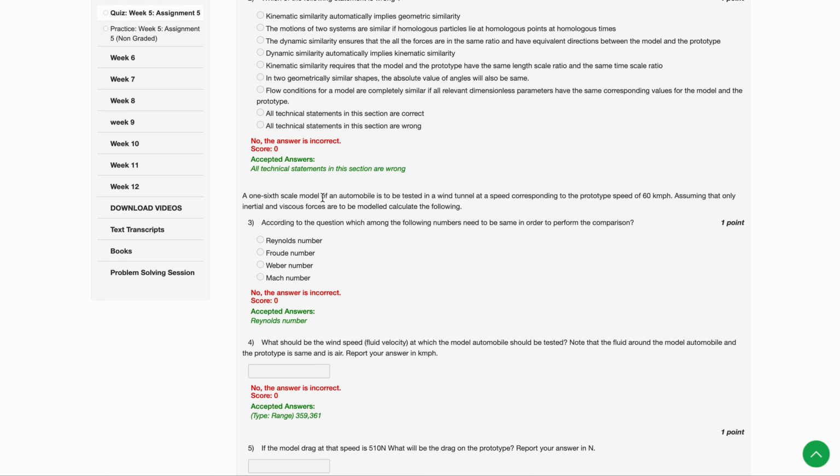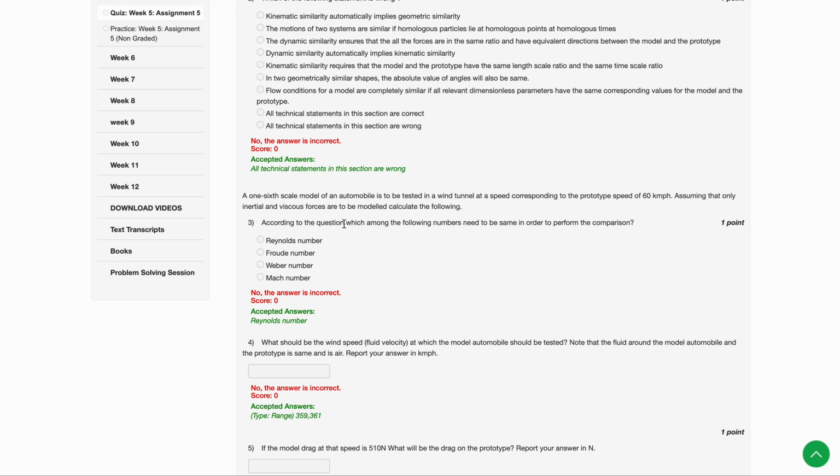So it is given that a 1/6 scale model. That means Lm by Lp is equal to 1/6, that's what it is given. Okay. So what will be in terms of area?